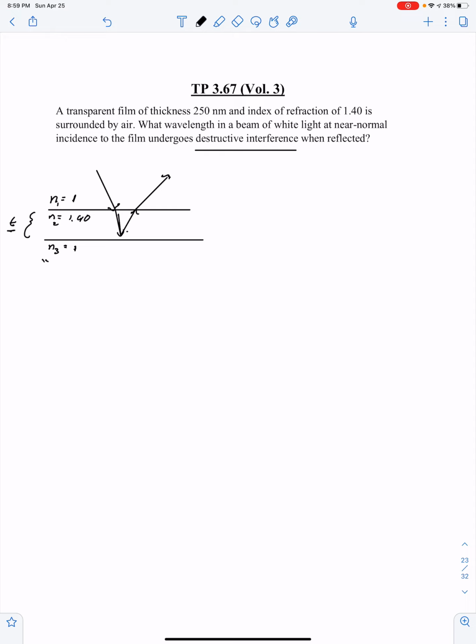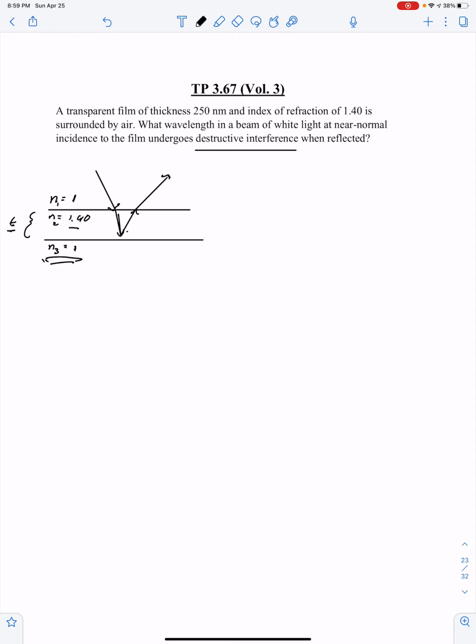So I did this. Okay, so it's going in, it's surrounded by air, right? But this is the incidence ray. It's going in through a thin film with an index of refraction of 1.40. And then, since it says that it is surrounded by air, this part right here is also air as well.